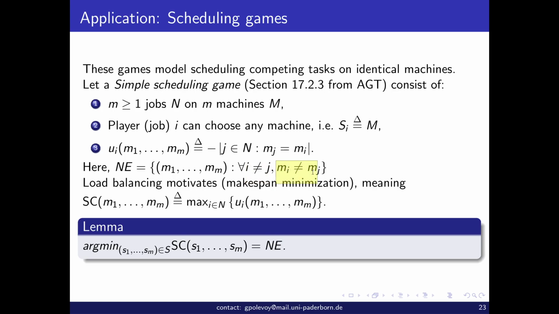So there are basically M factorial different orderings of who goes where, such that every player goes to a different machine. Every such division, where each player goes to another machine, is a Nash equilibrium. Why? Because if you have such a division, nobody can improve her utility, because everyone is alone. So everyone has the minimum possible cost, since no one is on the same machine.